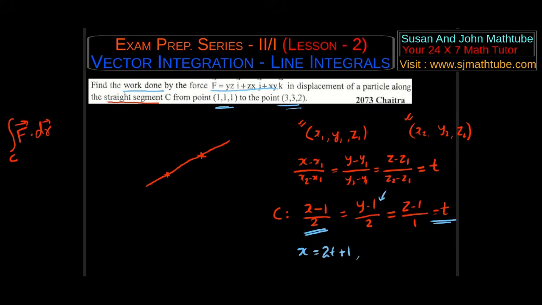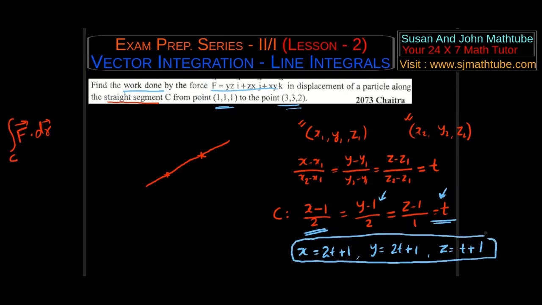And when I equate this and this, I get y is equal to 2t plus 1. And finally, z equal to t plus 1. So we are ready with the parameters. Now we need the differentials. So dx is equal to 2 dt and dy is the same thing, 2 dt, and dz is equal to dt.